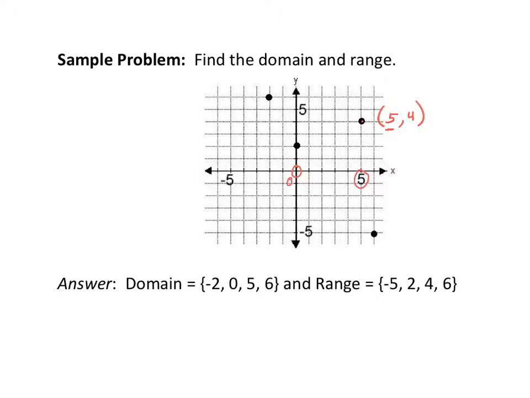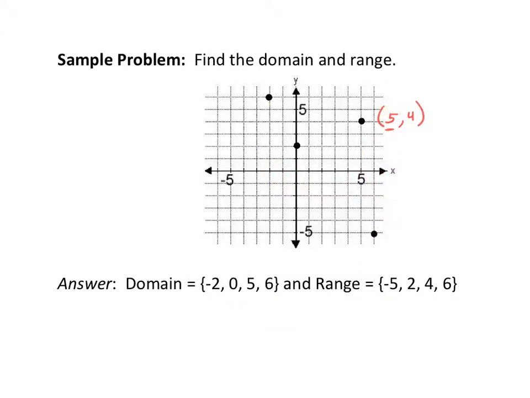This point uses the value of -2, and this point here uses the value of 6. So if I look at my 4 points, I'm using the value of 5 and 6 for x coordinates, and 0 and -2. So I list those x values, -2, 0, 5, and 6.